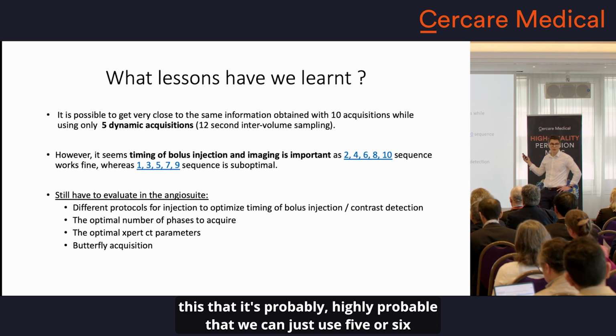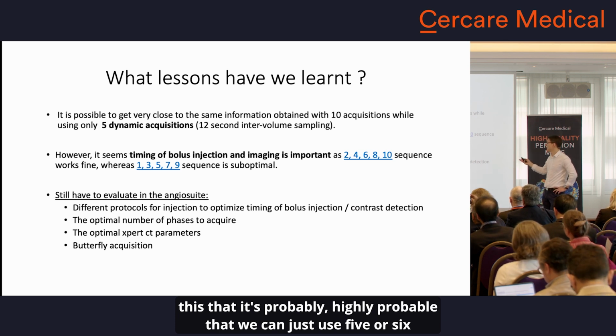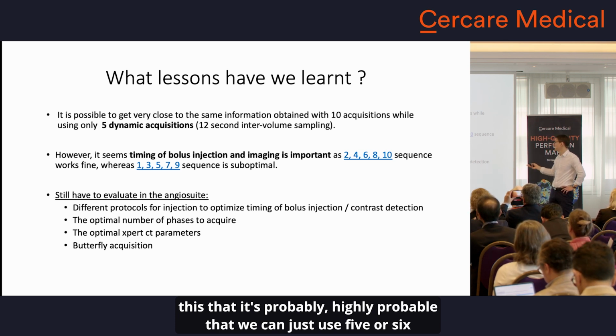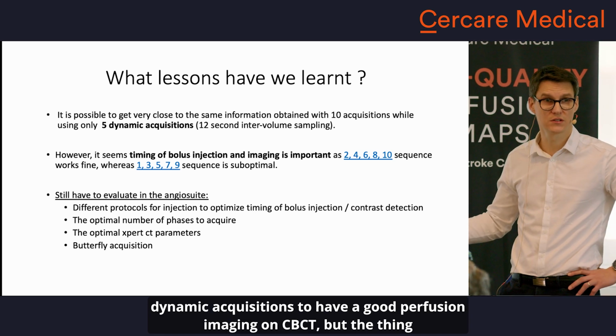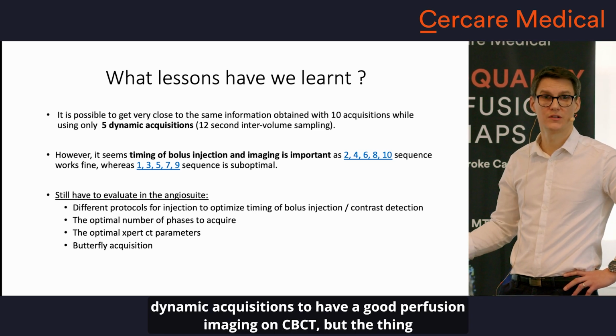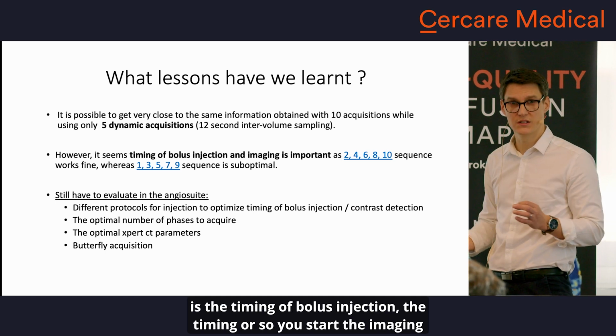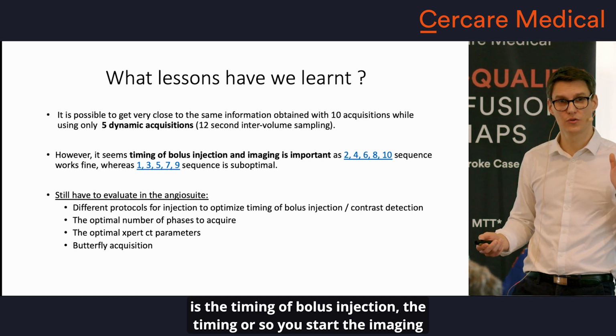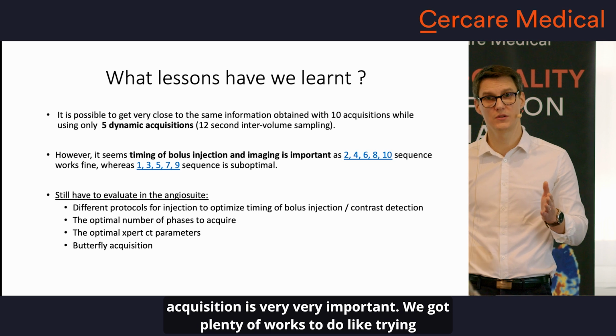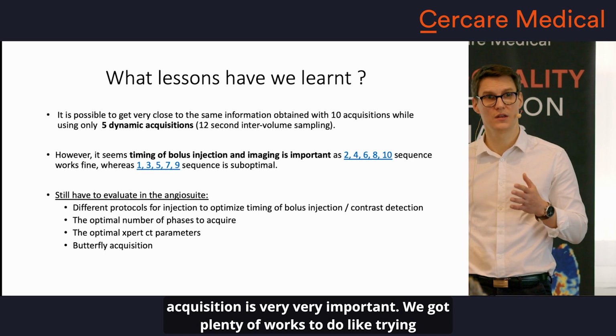It's highly probable that we can use 5 or 6 dynamic acquisitions to have good perfusion imaging on CBCT. But the timing of the bolus injection, and the timing of when you start the imaging acquisition, is very, very important.